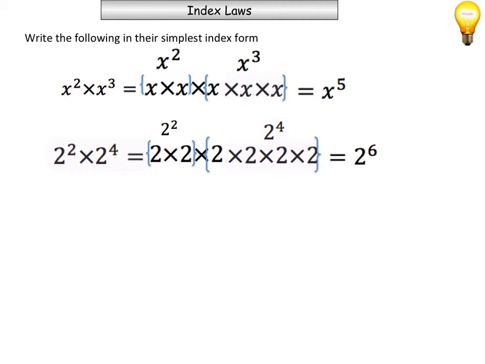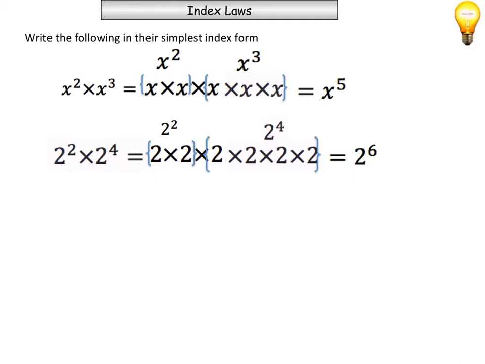One of the really important things that we want to do in mathematics is find relationships that enable us to solve problems quickly. So we've got the expression x squared times x cubed, and the result is x to the power of 5. So what's the relationship? Can we find a relationship between our expression and our simplified expression? And it's pretty easy. 2 and 3, if we add them together, we get x to the power of 5.